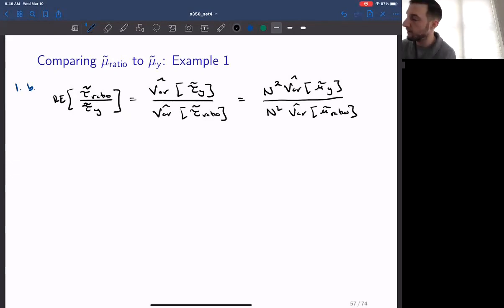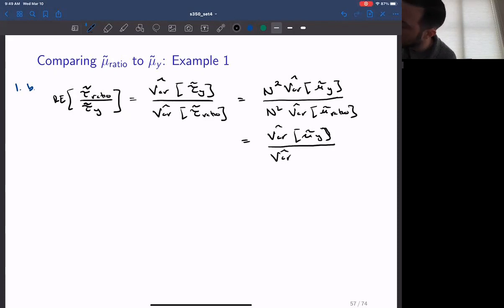Okay, and then what we can see from this very simply is that we get cancellation here of the N squareds, right? And that might be what you expected to observe. So that means that this is actually the exact same relative efficiency as in the case of the mean estimator. So those values are equivalent. So this again is going to be 15.3567.